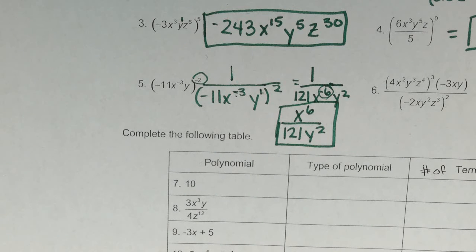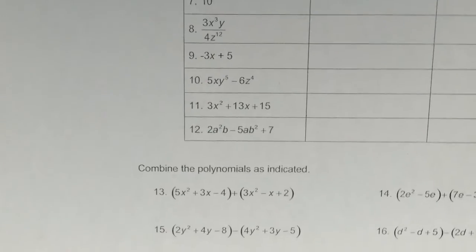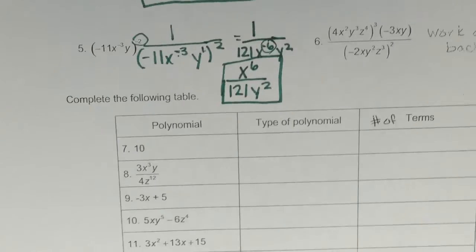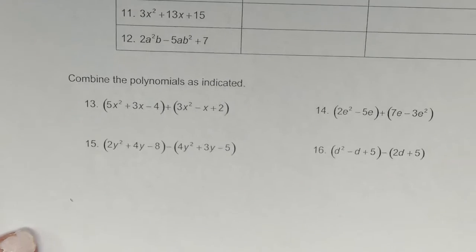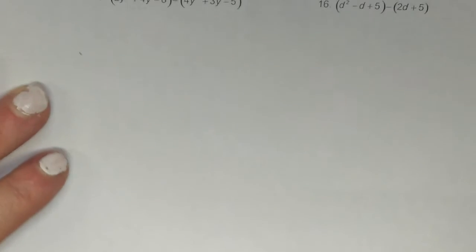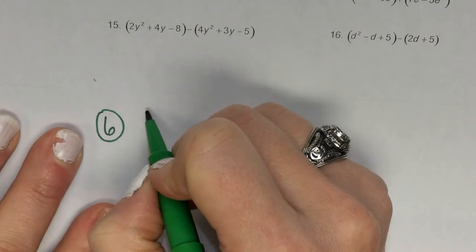Alright. Look at number 6. Number 6, we do not have room to do that right there. So what I want you to do is, if you have some room on the side, which I have some on the bottom down here, I'm going to rewrite that on the bottom. Number 6.